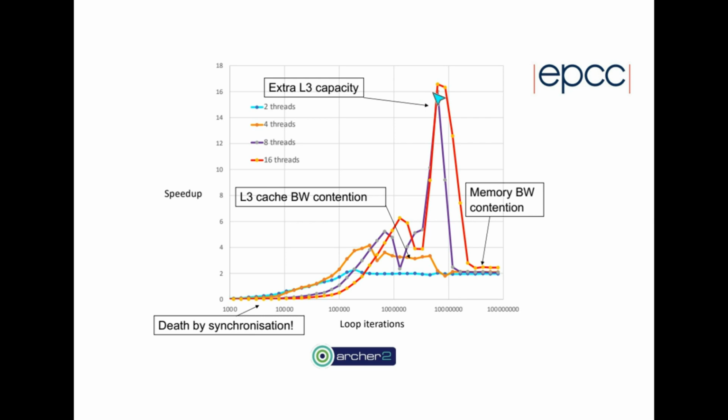It's actually possible at one point to get 16 times speed up on 8 threads, but that's purely because I have access to double the level 3 cache capacity. But the real message here is that if I'm running in shared level caches and particularly in main memory, then the scalability is really poor because of contention for bandwidth.